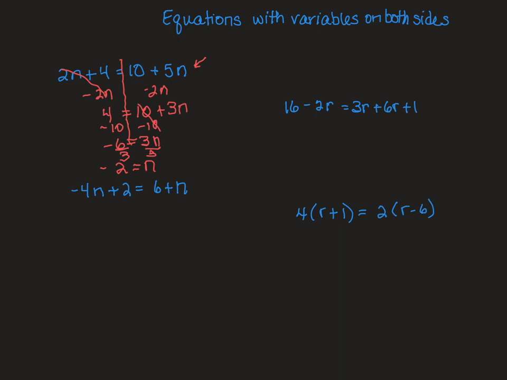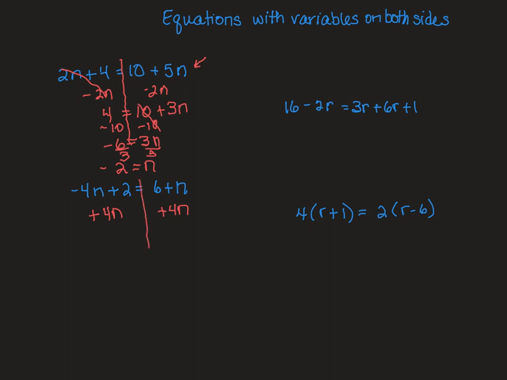But what will happen if I get rid of the negative 4n on the left side? I'm really adding 4n, right? So actually, that's going to give me a positive on the right side. So I'm going to add 4n here, and I'm going to add 4n here, okay?